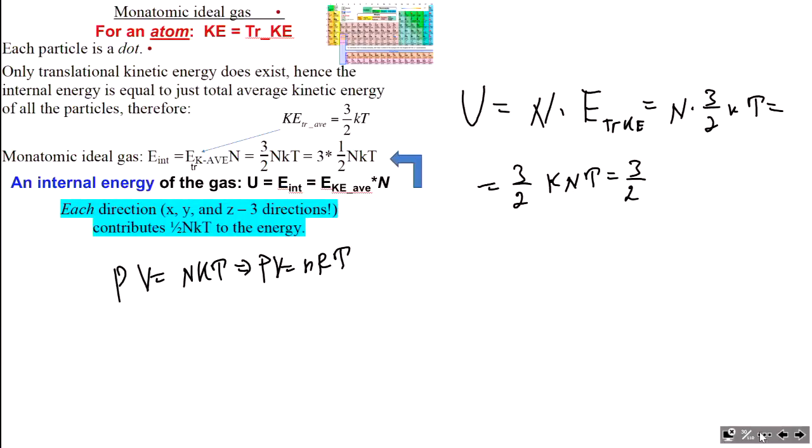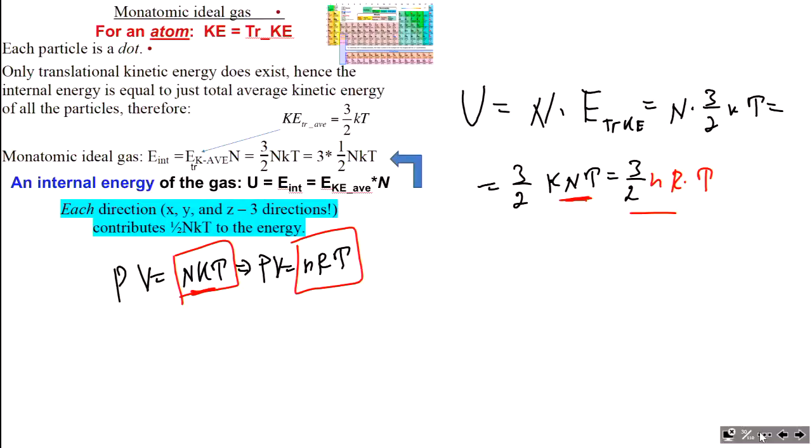And what we see in this expression for the internal energy is the initial form of the ideal gas law. But now we can just replace this product, number of particles, Boltzmann constant, and absolute temperature, with this product, the number of moles, the universal gas constant, and the same temperature.